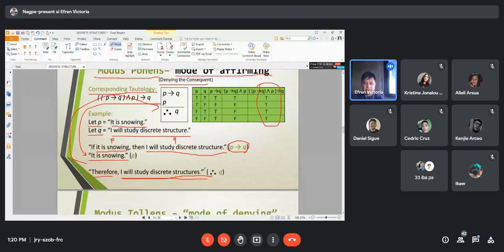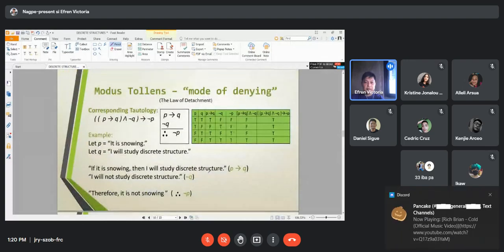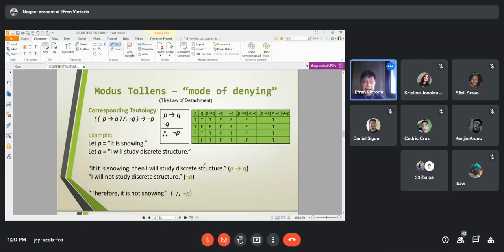Okay, so other form is modus tollens, mode of denying. So this is the corresponding tautology. So ito yung form. So ito yung truth table natin.